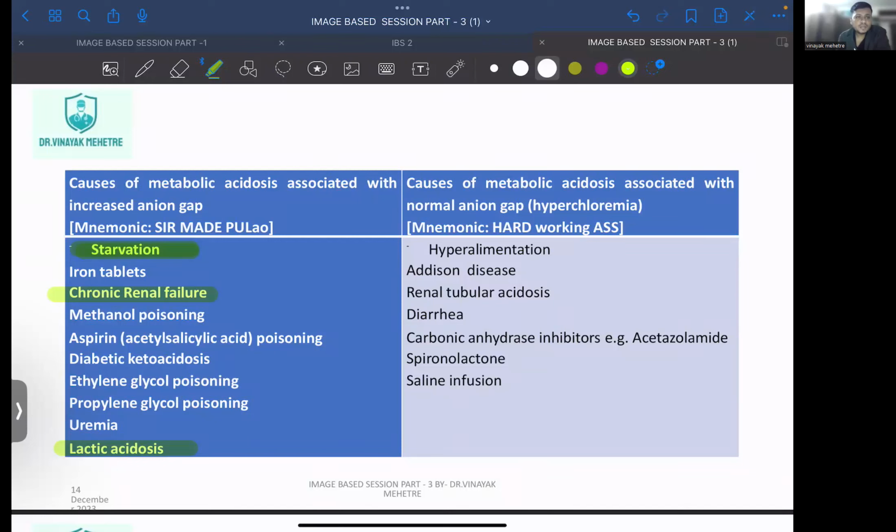Dehydration means not drinking water. Difference. Diarrhea will cause what? Normal anion gap. Diarrhea will lead to dehydration. This you should know at least. Acidosis has happened, again water will go down, right?